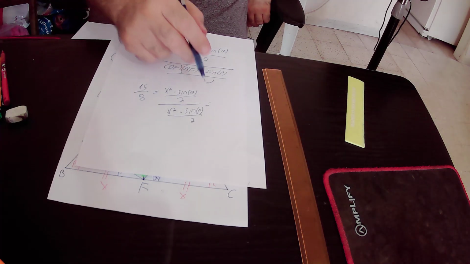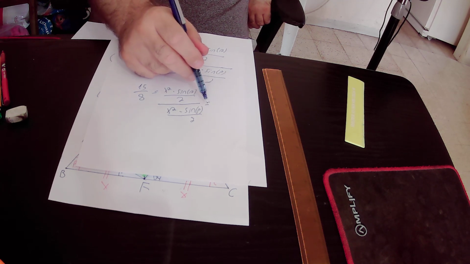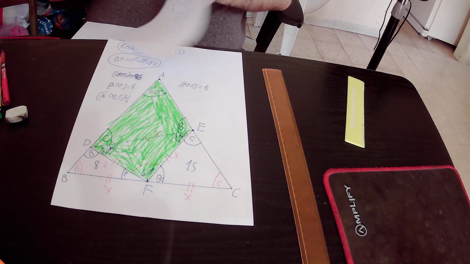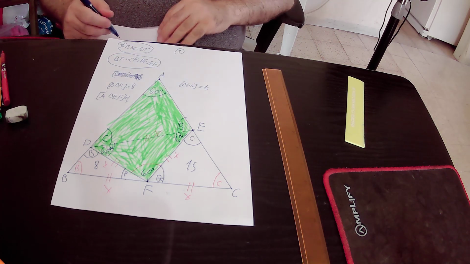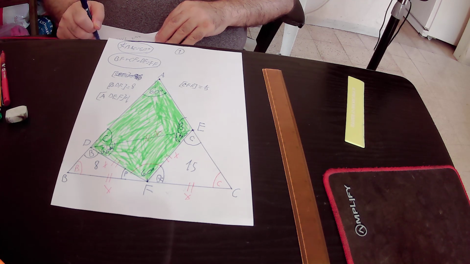Here we will move 2 to the numerator, and x squared times sine P to the denominator, and we will get 2x squared times sine Q over 2x squared times sine P, all equals 15 over 8.